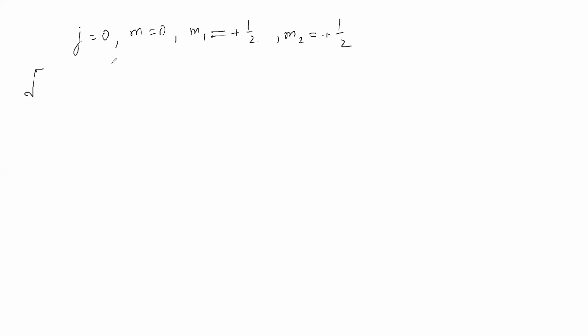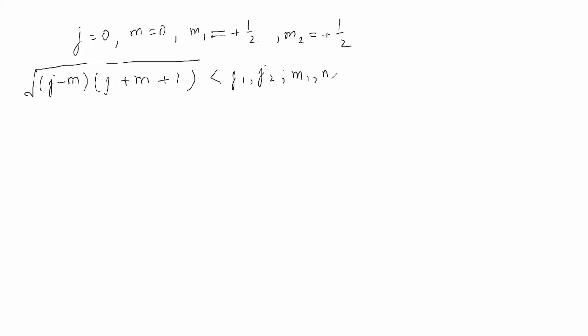That means I have J minus M, J plus M plus 1, J1, J2, M1, M2, Jm plus 1.